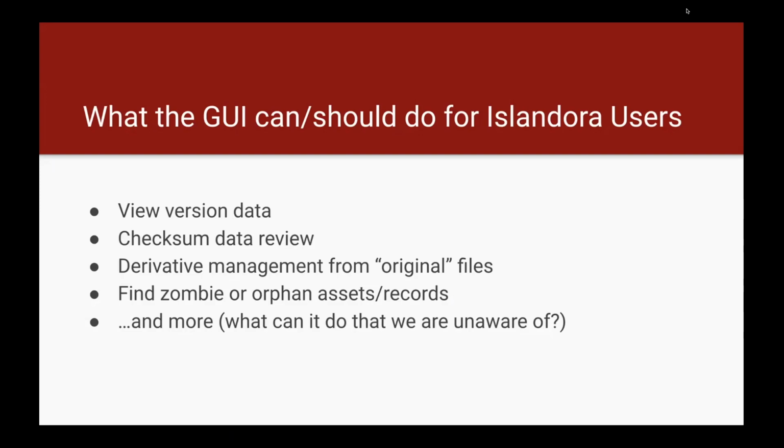Checksum data review, derivative management from original files, finding any zombie or orphan assets or records. And we know that there's probably more. And we would love to hear what we should be able to do. What are we unaware of that would really make our lives as digital library managers easier?